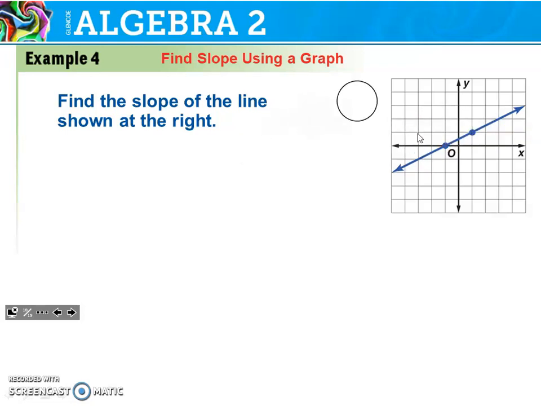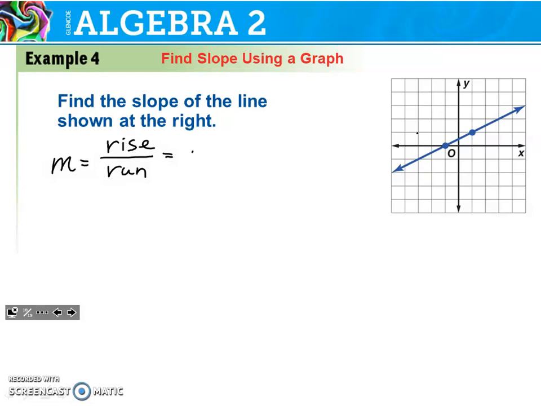The other way to do this is to remember that your slope is rise over run. Okay? And essentially what you can do is you can figure out how much does this slope rise and how much does this slope run. Remember, our run is left to right, our rise is up and down. Okay? Important things to remember.